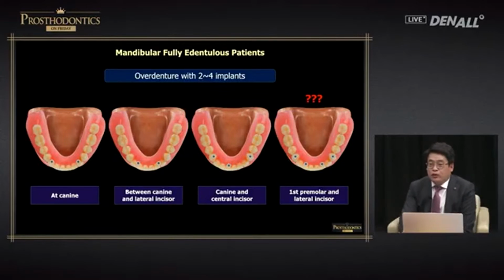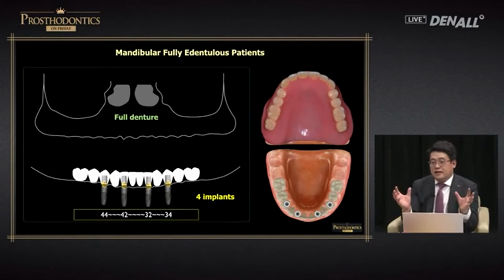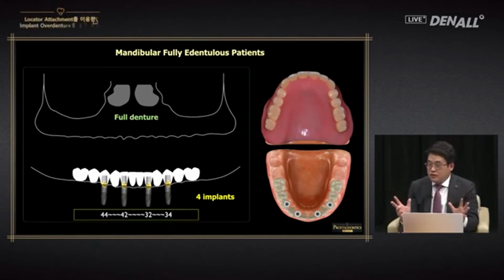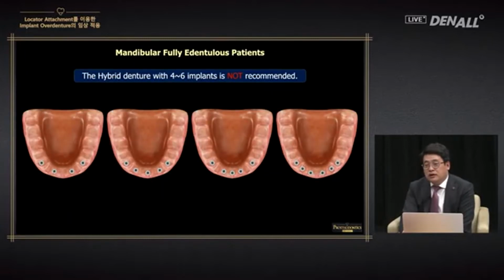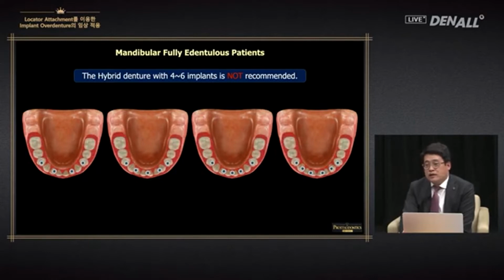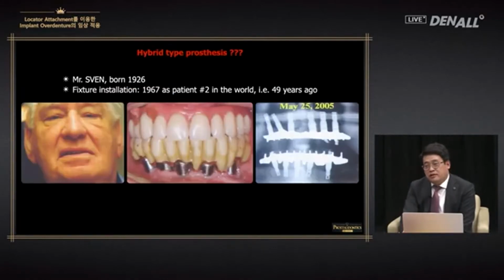The so-called all-on-X, you place a couple of implants and do a cantilever pontic. There are people who provide these kinds of prostheses. However, personally, I don't like this type, placing about 6 implants and providing a hybrid type prosthesis, because when you do a follow-up check, there are so many maintenance problems.